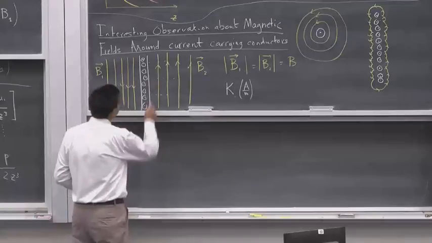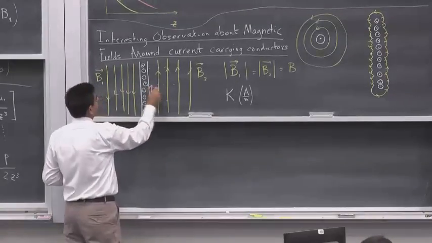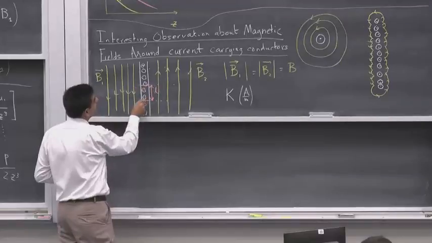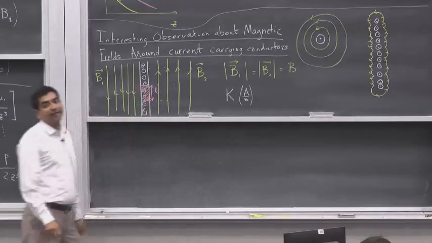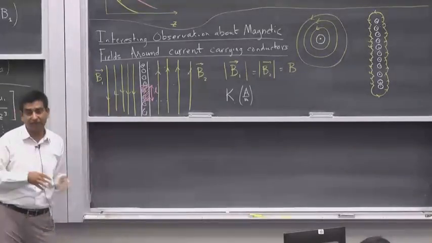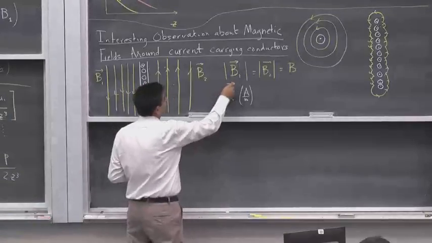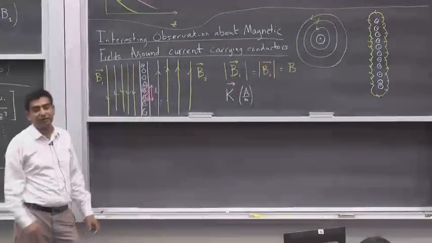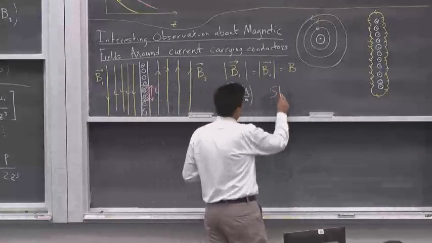Which means that if I take a length of this sheet, which is L, then the total current that is passing through this length of the sheet is K times L. So this is my definition of a current density that I'm using here. Okay? And again it's a vector. It's pointing in the direction of the conventional current. So this kind of current density is called a sheet current density.